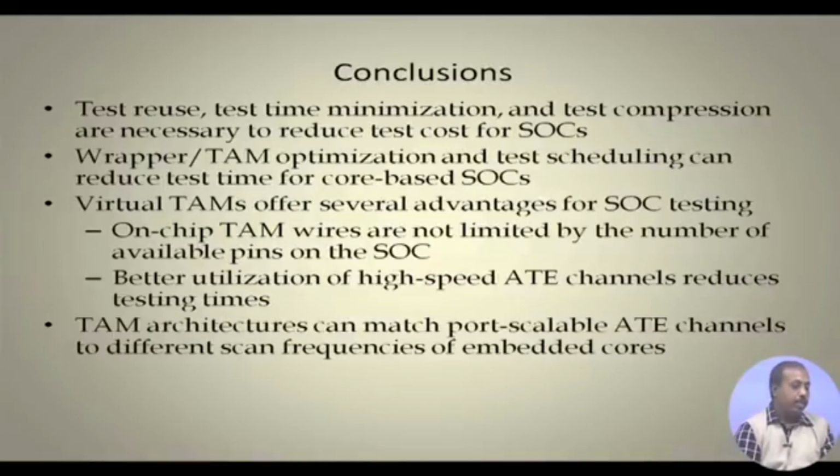In virtual TAM, it offers advantages because on chip TAM wires are not limited by the number of available pins of the SOC. From the ATE we have got a number of pins coming. The structure was like this.